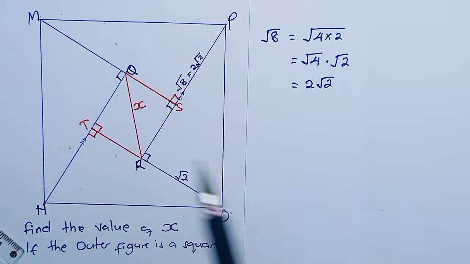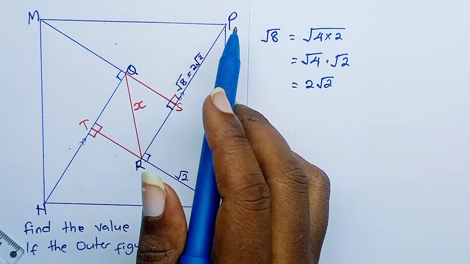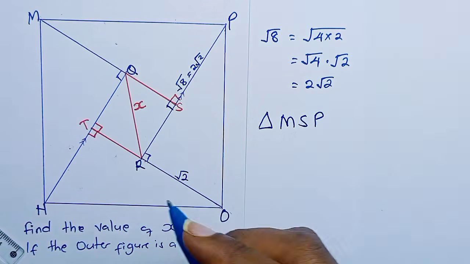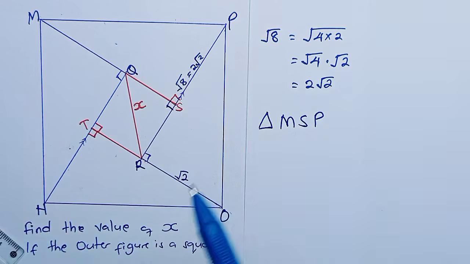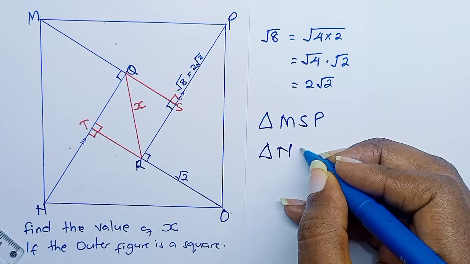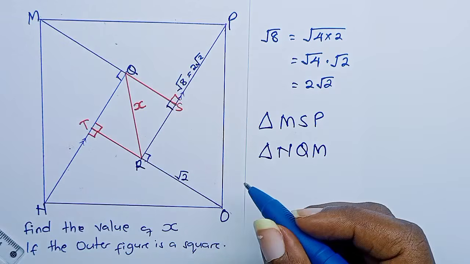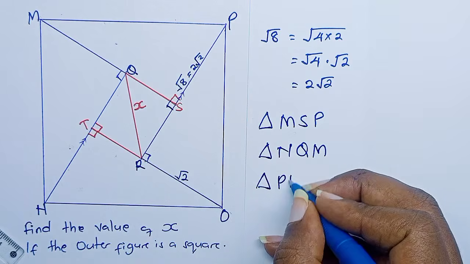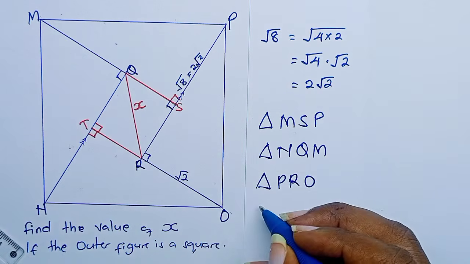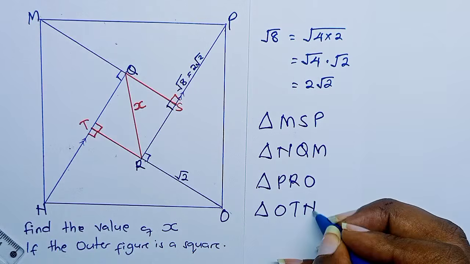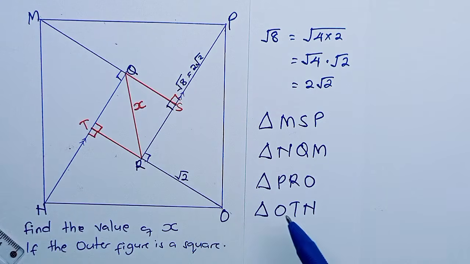Now we realize that these triangles here, this triangle MSP, also triangle NQM, also triangle PRO, and finally triangle OTN, we realize that they're all right triangles.